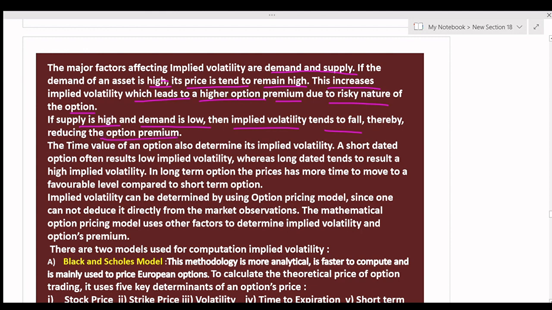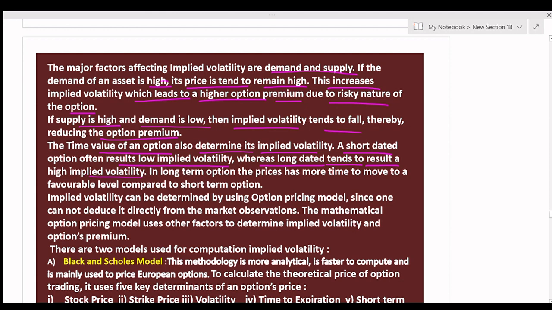The time value of an option also determines its implied volatility. A short-dated option often results in low implied volatility, whereas a long-dated option tends to result in a high implied volatility.